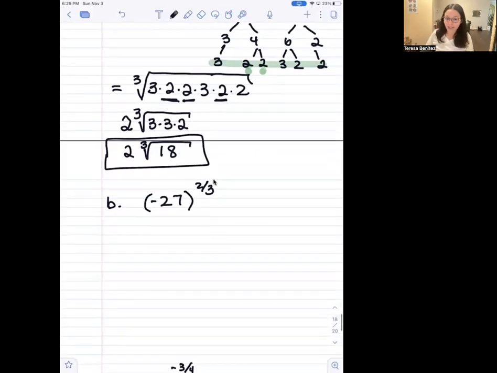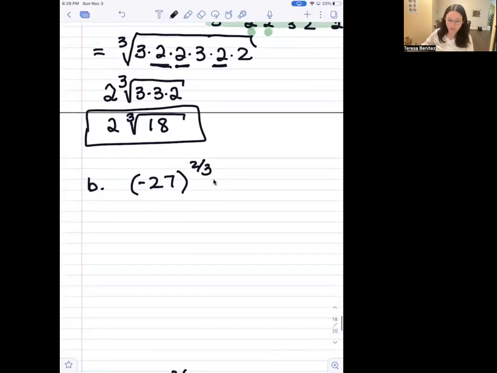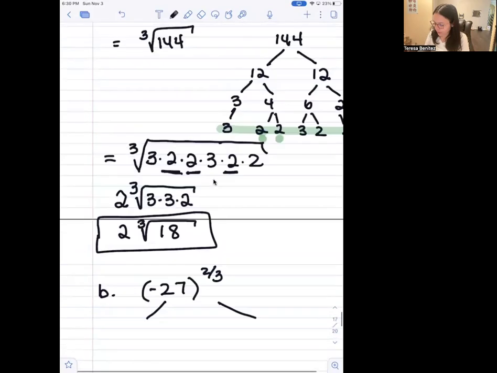We have negative 27 to the power of 2/3. Now, this is why I mentioned previously that this could be, let me scroll up.